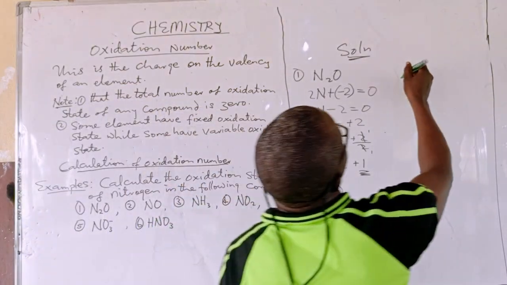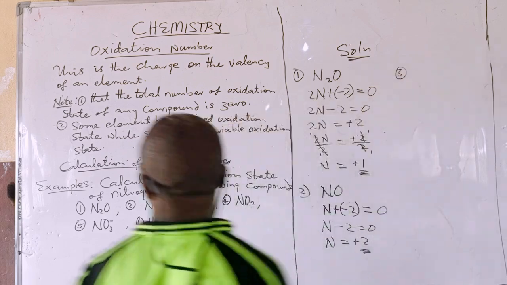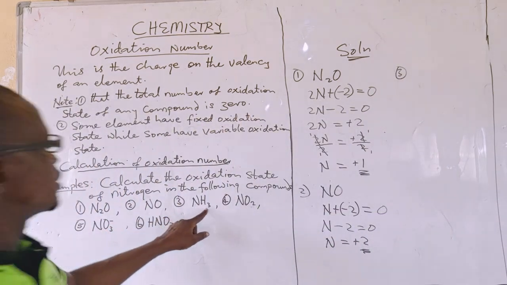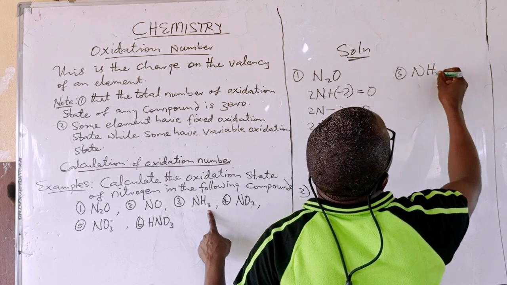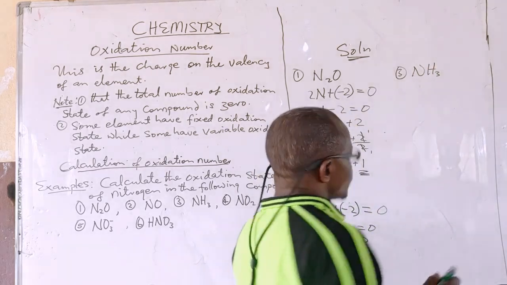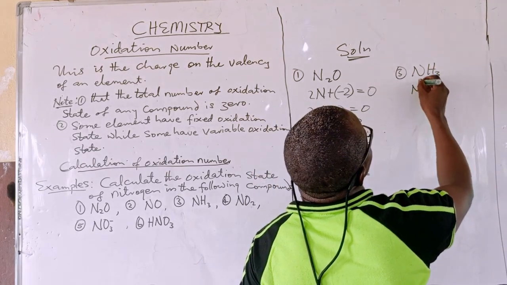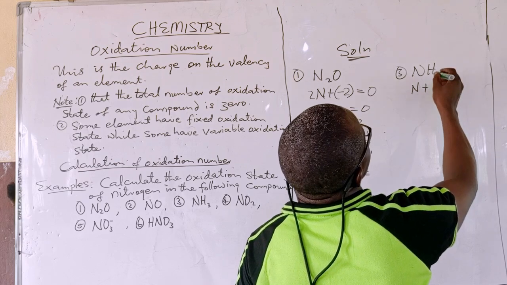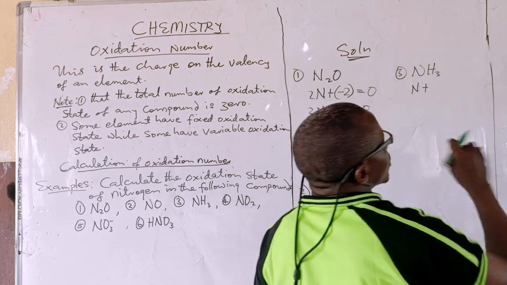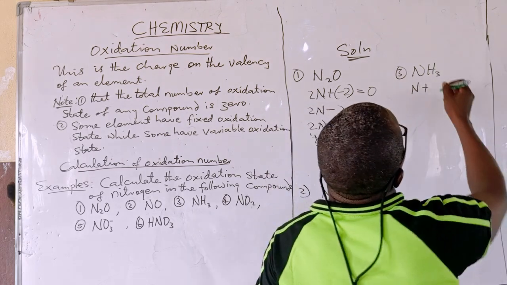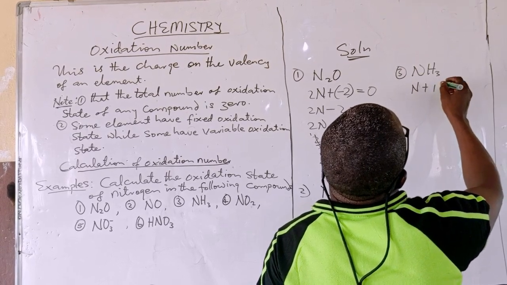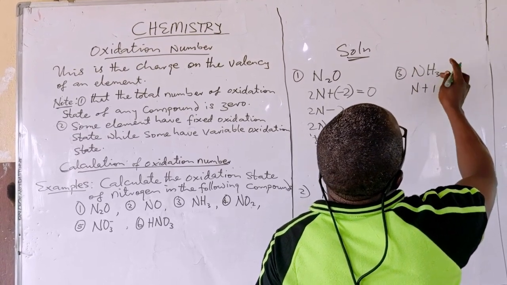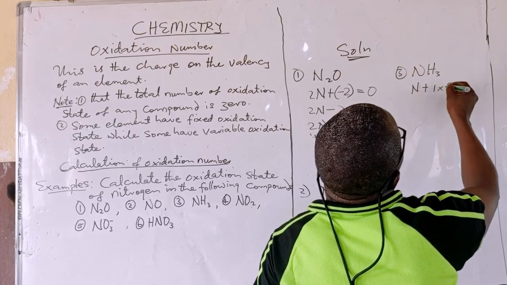Now let's go to number 3. Number 3 says NH3, oxidation number of N in NH3. So now I don't know N, plus the oxidation number of hydrogen here, which is plus 1. How many hydrogens are there? 3.